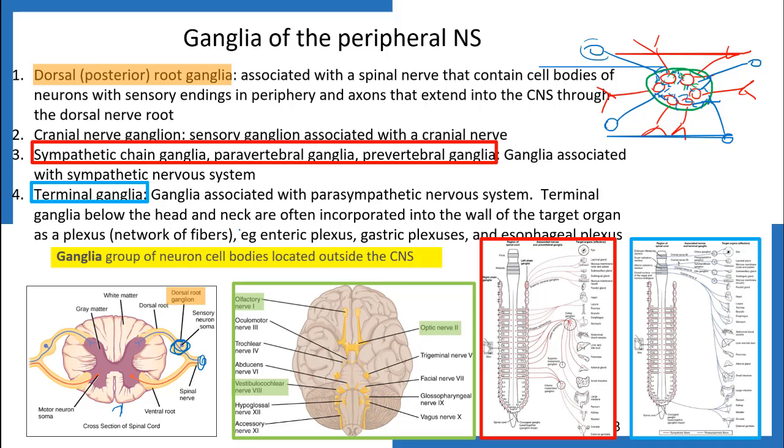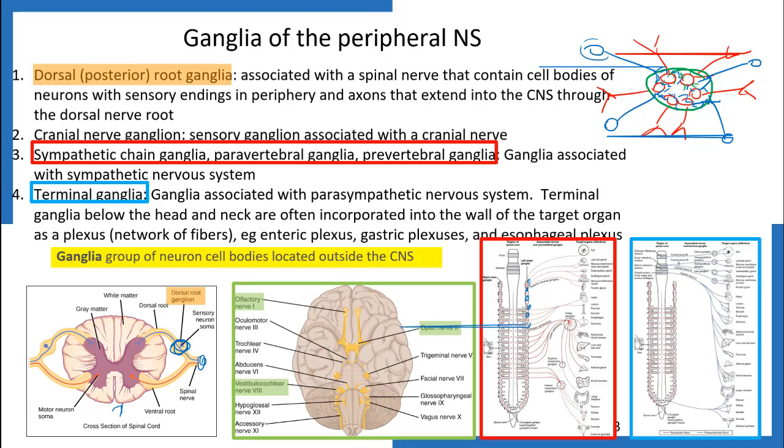Cranial nerve ganglia are ganglia that are associated with a cranial nerve. So these in the green are the cranial nerves here. Sympathetic chain ganglia, paravertebral, and prevertebral ganglia are associated with the sympathetic nervous system that we're going to look at later on. So these are the sympathetic chain ganglia.